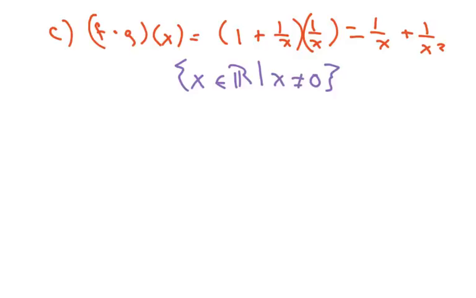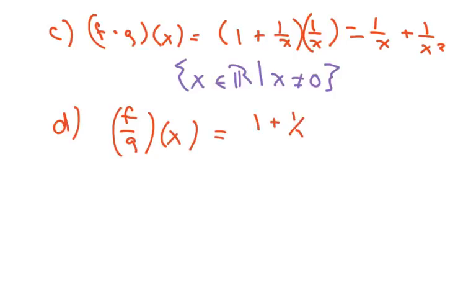And for the division one, it's f over g of x, which is 1 plus 1 over x divided by 1 over x. I'm going to simplify this with the common denominator x.